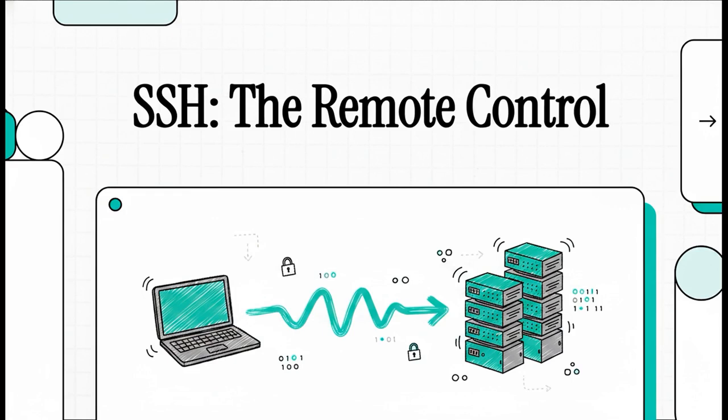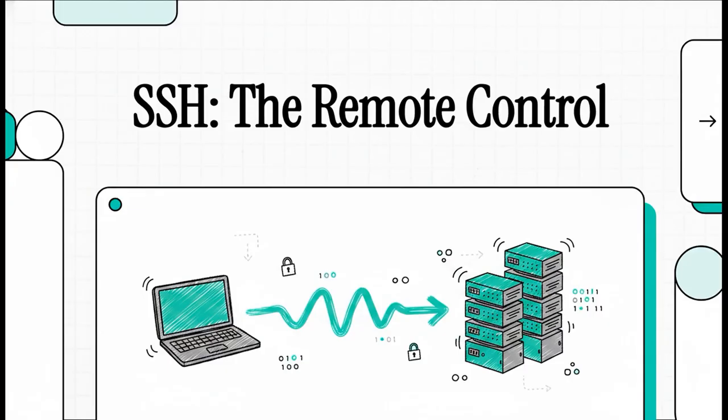Right, because I think a lot of people hear Secure Shell and they think it's some kind of hacker magic. Yeah, totally. It sounds very intimidating. It does. But what's fascinating here is that SSH is actually a foundational protocol for managing just about any modern technology. It's calm, it's analytical, and it's incredibly structured.